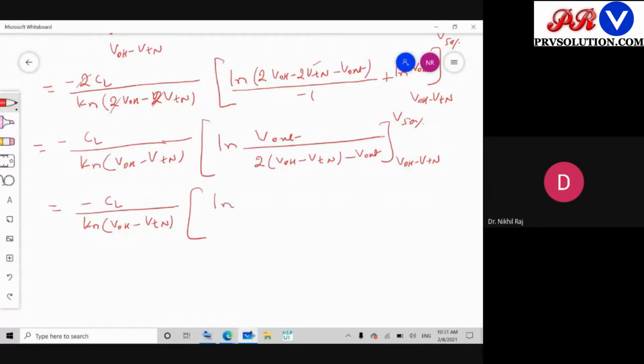So ln of, what will come here, so minus sign. Okay, so ln of 2 V out, VOH minus VTN. So we put V 50%.